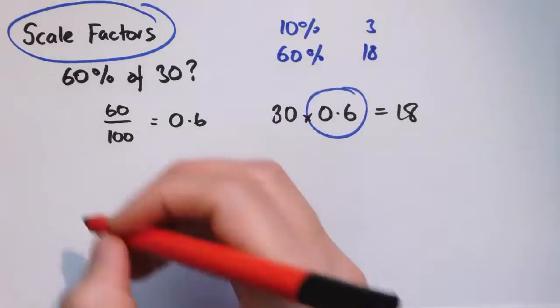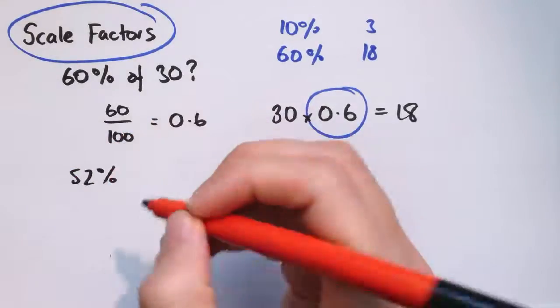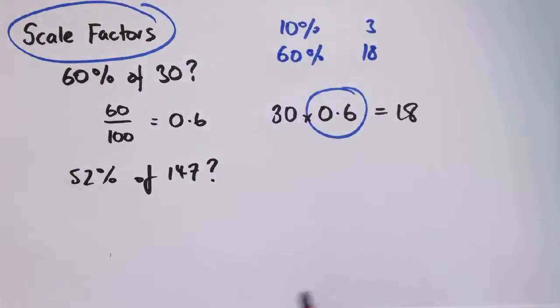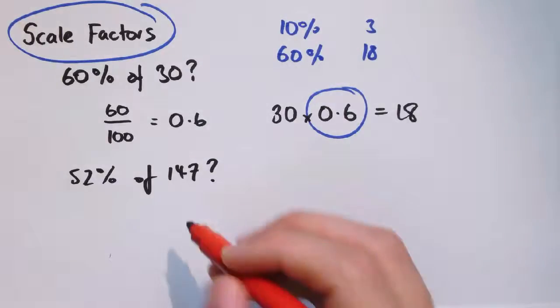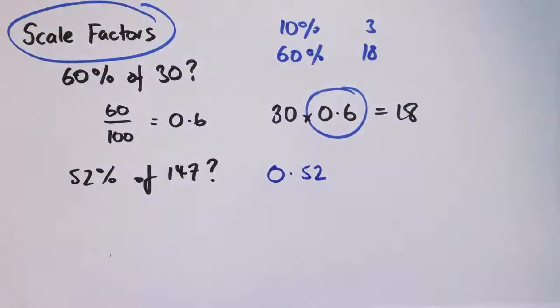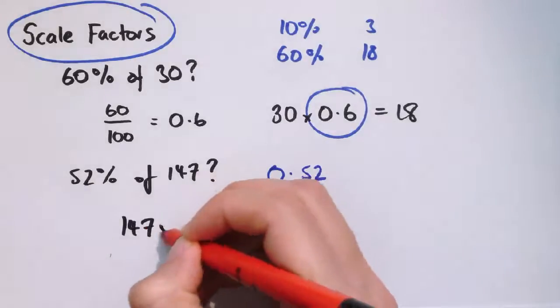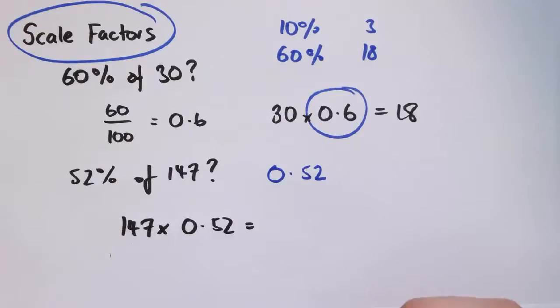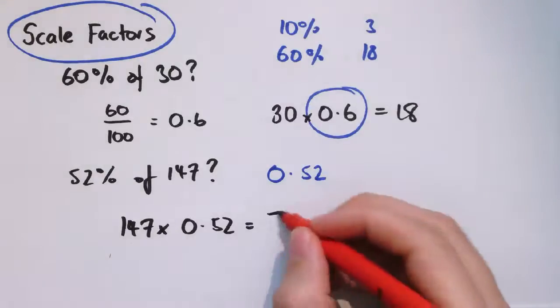So, for example, if I said what's 52% of 147, well, again, you could work out 1% and multiply it by 52, I suppose, but quicker, I think, to say 52% corresponds to a scale factor of 0.52, and say, okay, it's 147 times 0.52. You can put that in your calculator or do the multiplication, and that gives you 76.44.